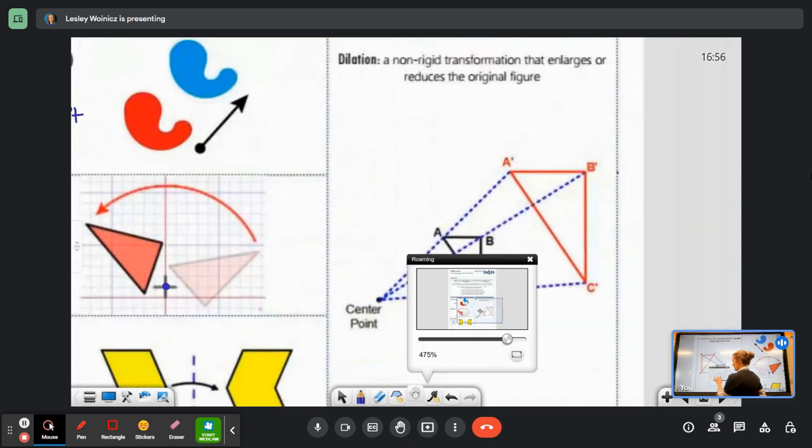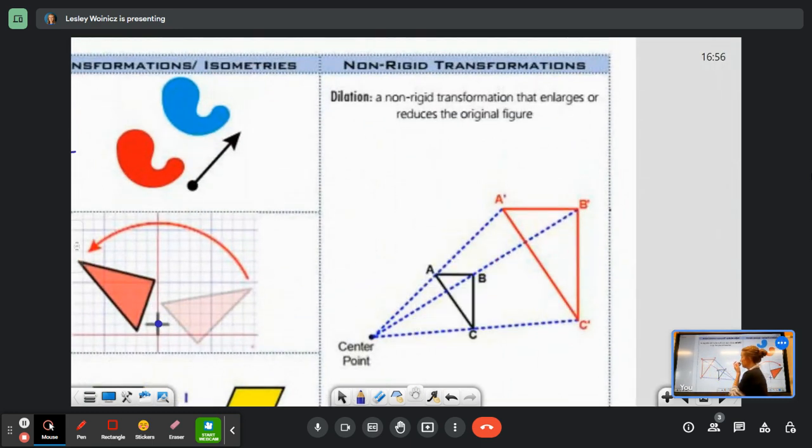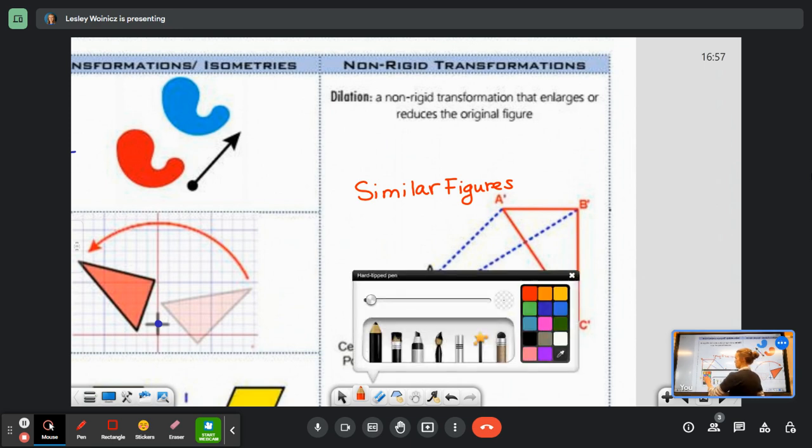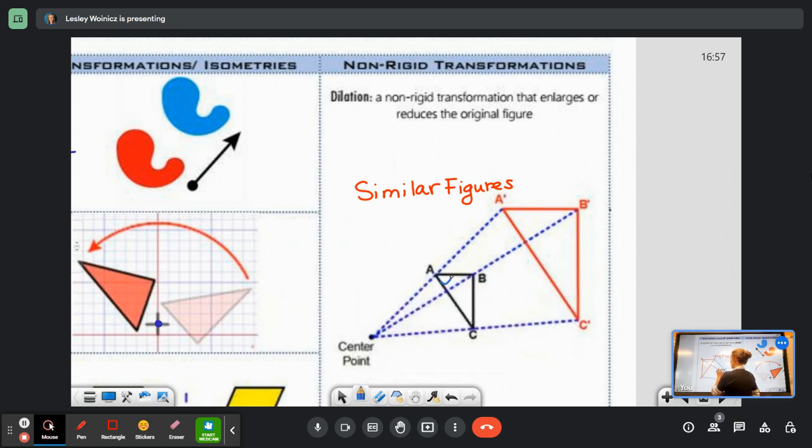All right, last but not least, we have dilations. These are the non-rigid transformations. These don't produce congruent figures, but these figures are what we will learn are called similar. The cool thing about similar figures is that the corresponding angles are congruent, the ones I'm marking.